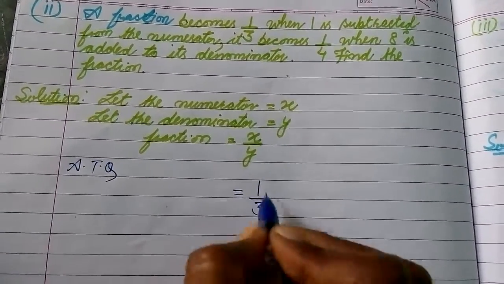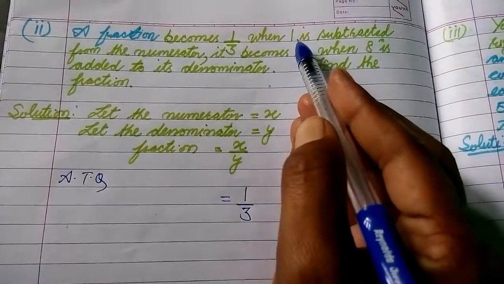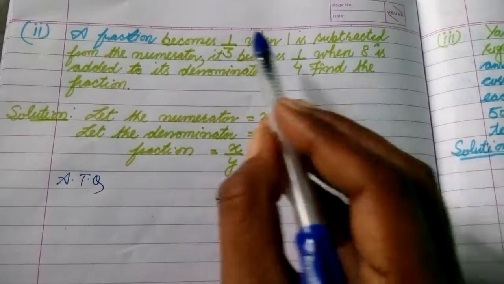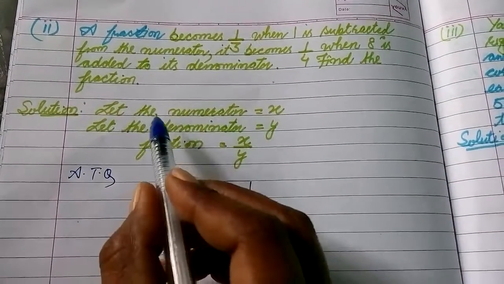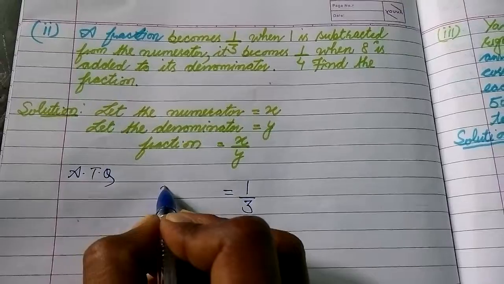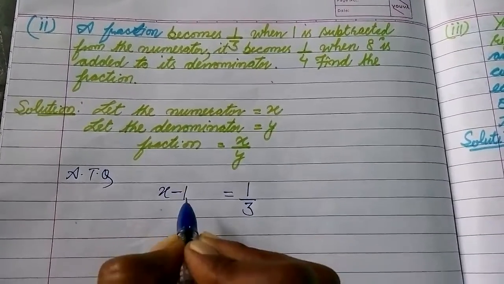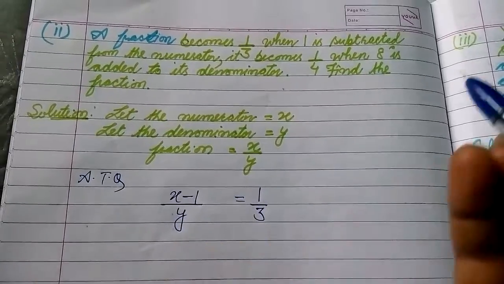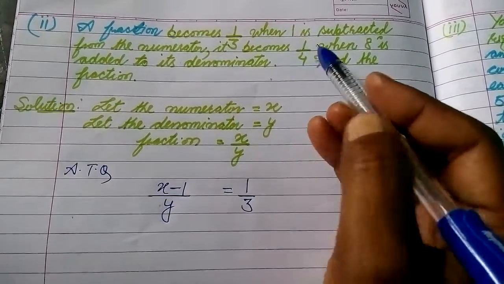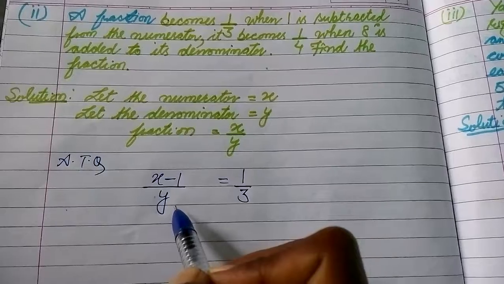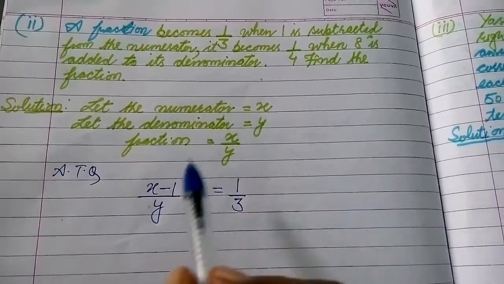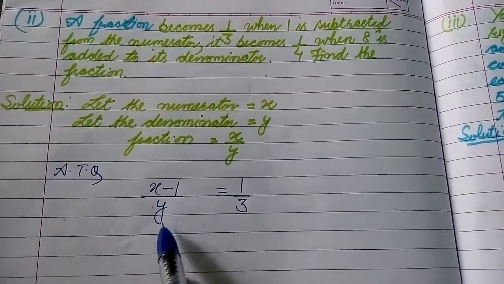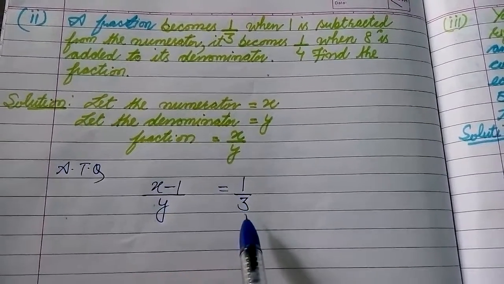A fraction becomes 1 by 3 when 1 is subtracted from the numerator. I have taken this numerator, and when I am subtracting 1 from it, they have not given any hint about the denominator, that means the denominator will remain the same. So when I subtract 1 from the numerator, the fraction becomes 1 by 3.